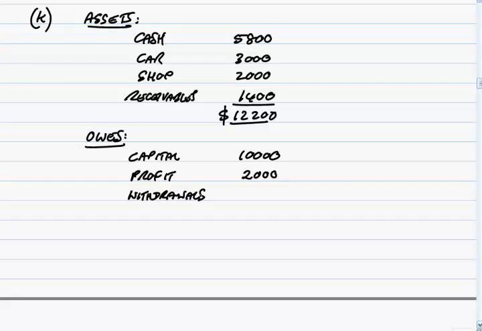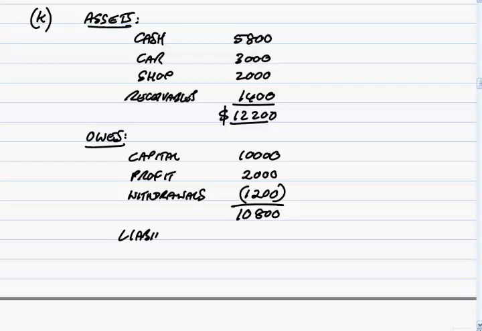And if the owner's taken out as here 1,200, then the amount owed to the owner falls by 1,200. And the total owing to the owner at this stage is 10,800. It was 10,000. It went up because we've made a profit, but it reduces by anything they've taken back. So there's the total owed to the owner.